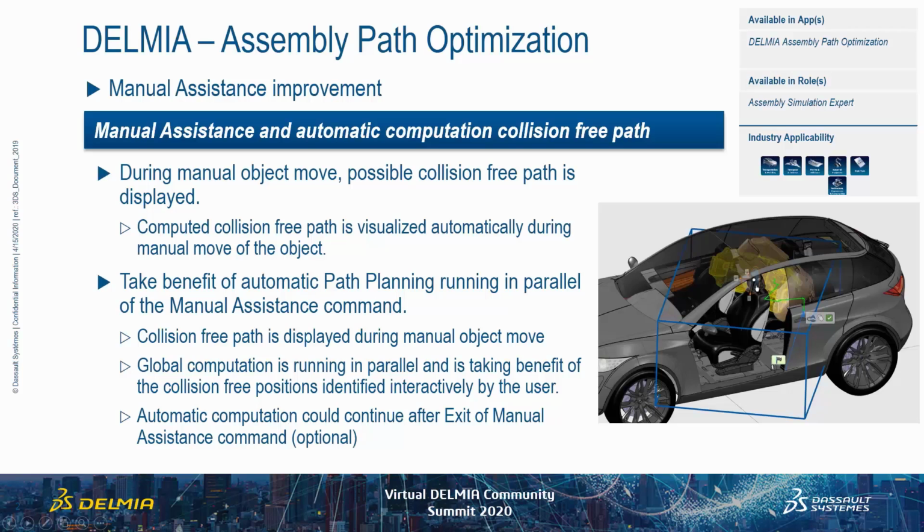So all these enhancements combined together improve the overall solution and provide you a good combination of manual and automatic capabilities while getting a good understanding of how the computation is progressing.